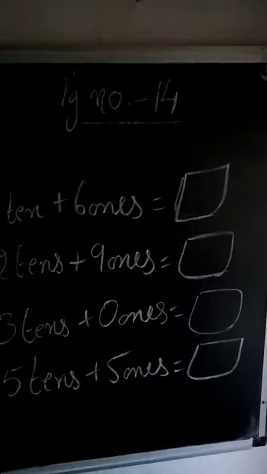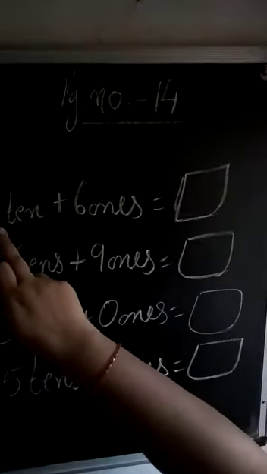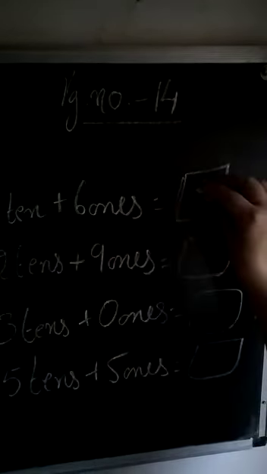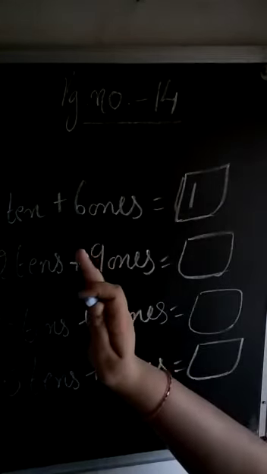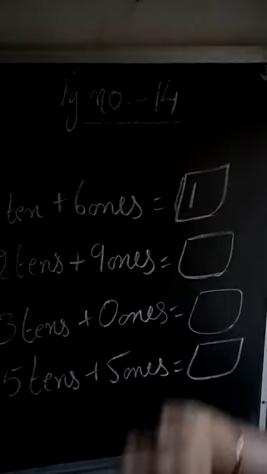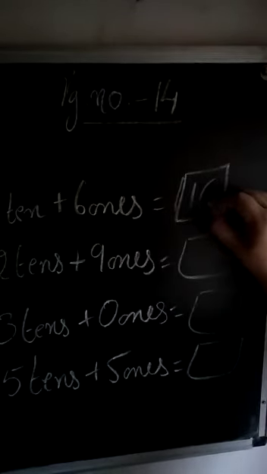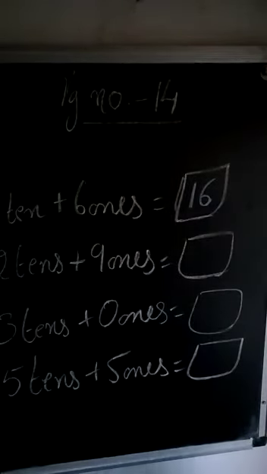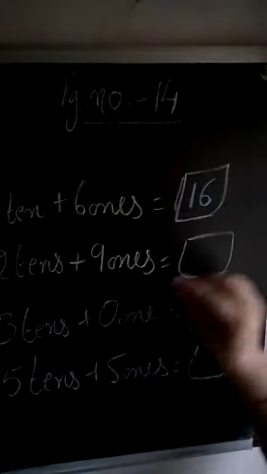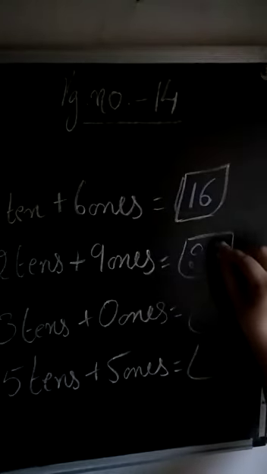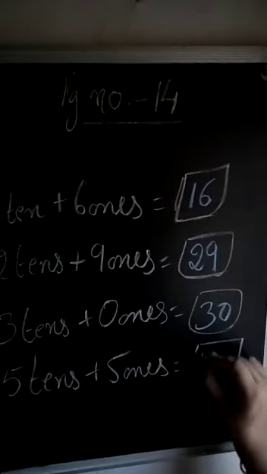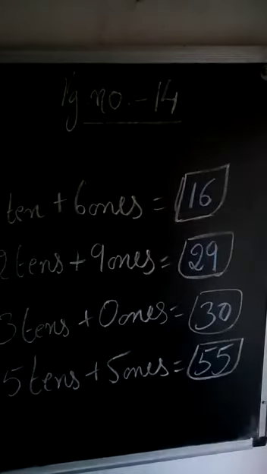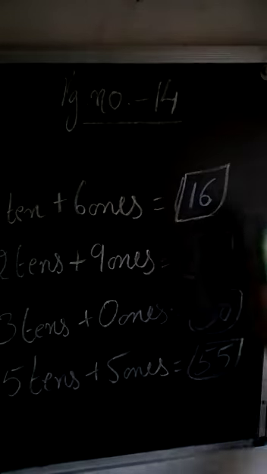So here we have the given value 10 plus 6 ones. At first I will write the number for 10 on the left hand side, and afterward I will write the number on the right hand side, at the place of ones. Similarly, 2 tens plus 9 ones, 3 tens and 0 ones, 5 tens and 5 ones. Clear? Now come to your next sum, that is question number 3.